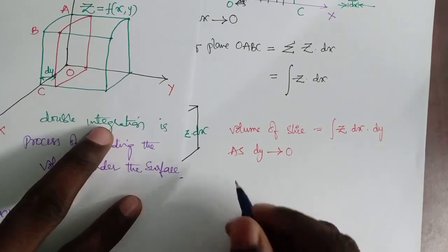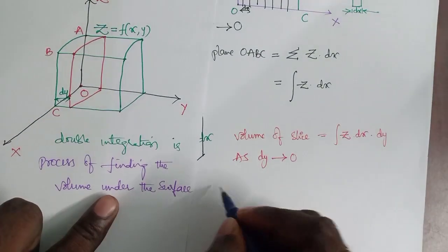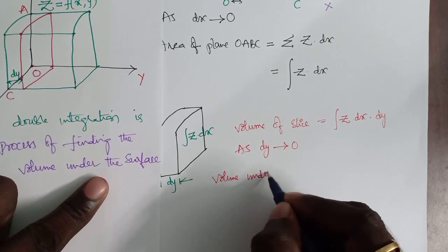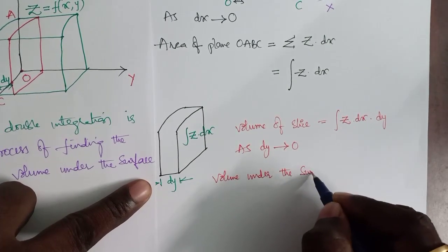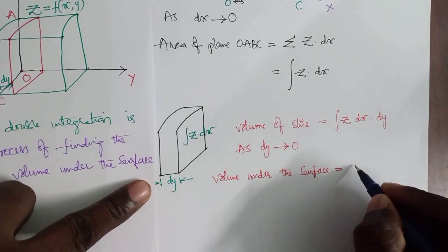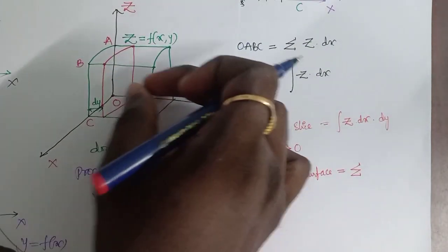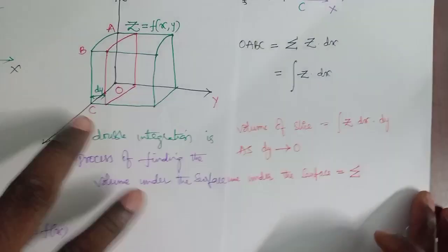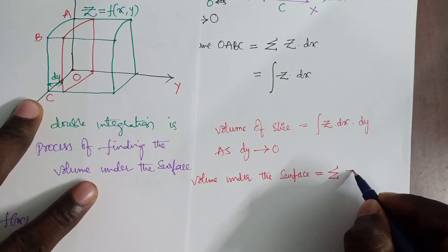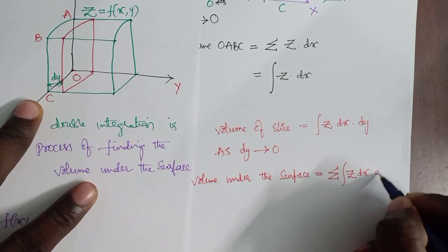So the volume under the surface equals the sum of all the small slices, which is the integration of z into dx into dy.